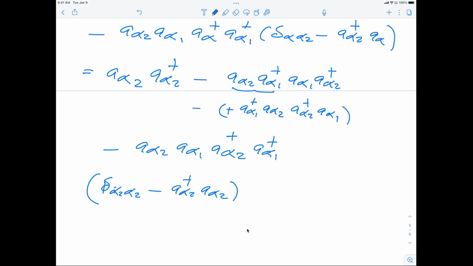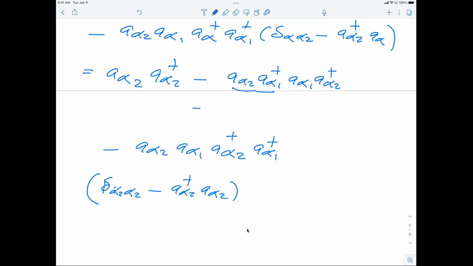And then when we look at the next term here, I have my alpha 2 and alpha 1 here, and then I have the alpha 1 here. So what I'm going to do now, I'm going to swap, oh sorry, I actually confused myself a little bit. Let me just change this a little bit, because I want to have the annihilation operators to the left. So what I would need to do is actually to swap this one to that place, and then I want this one to that place.